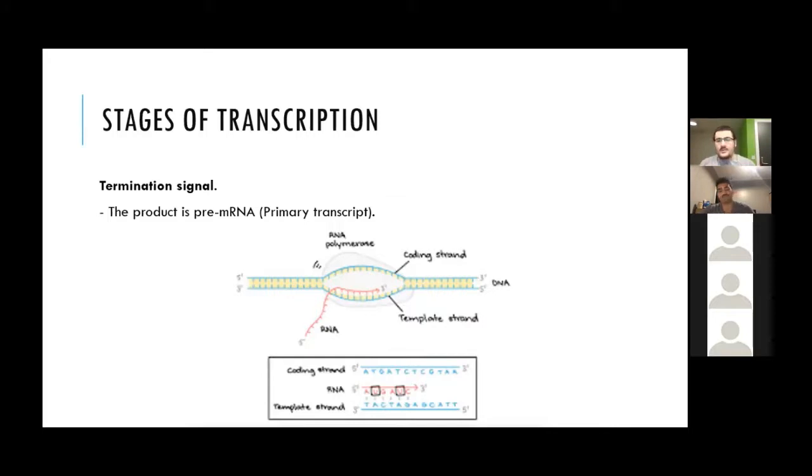There are a lot of them, but what you need to know is that when it reaches the termination signal, the RNA that is being transcribed dissociates. The RNA polymerase and the transcription complex also dissociate, leaving the DNA back to where it was. So this is where termination finishes, at the termination signal.